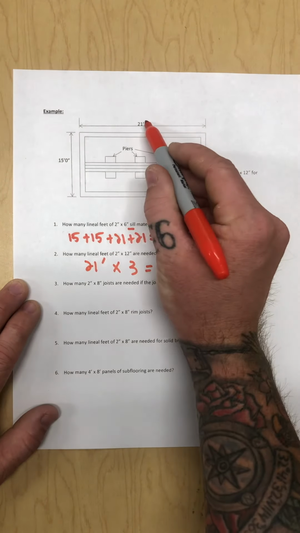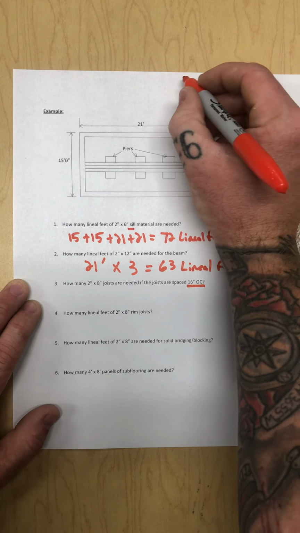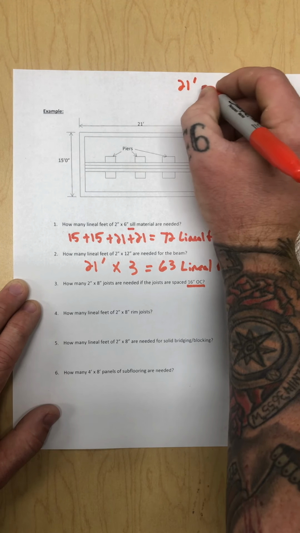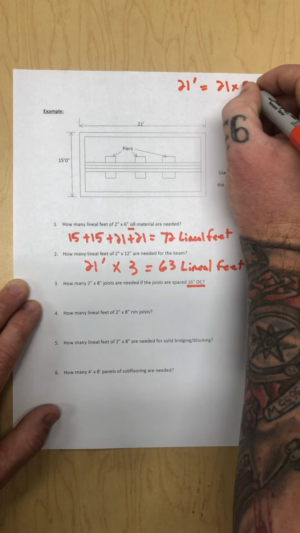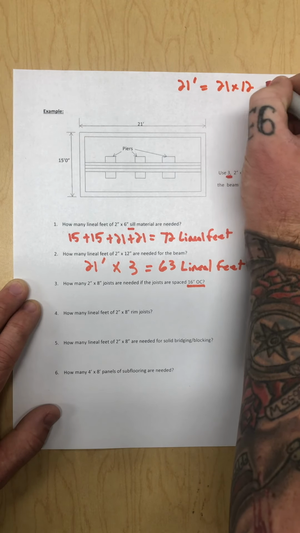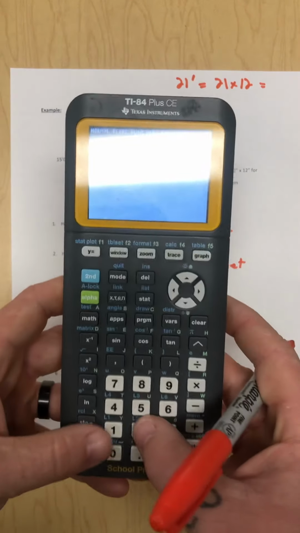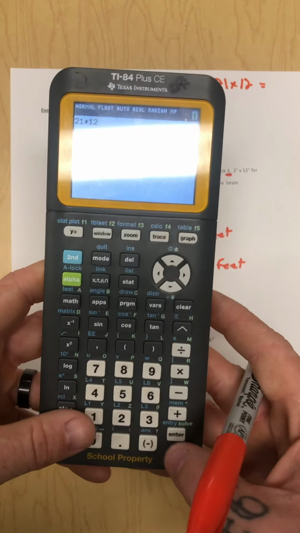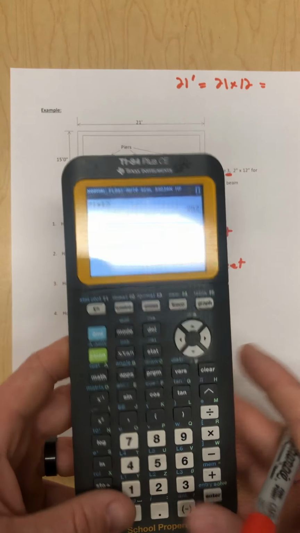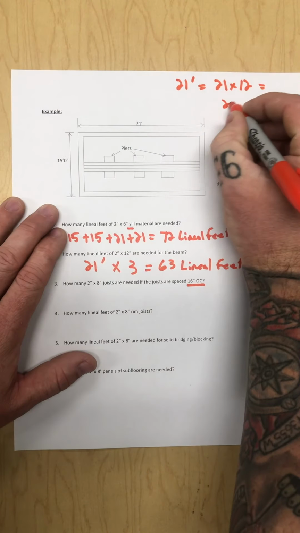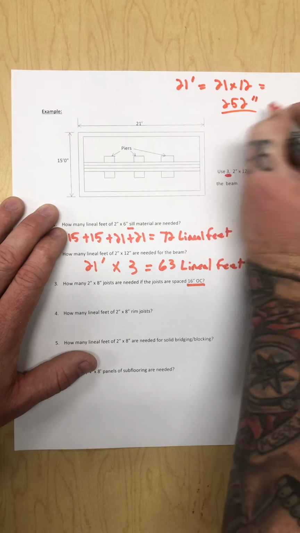We need to convert that to inches. So let me draw that up here. 21 feet equals 21 times 12, and that's going to be inches because there's 12 inches in a foot, and we're looking at 21 feet. So 21 times 12, 252. So we're looking at 252 inches.